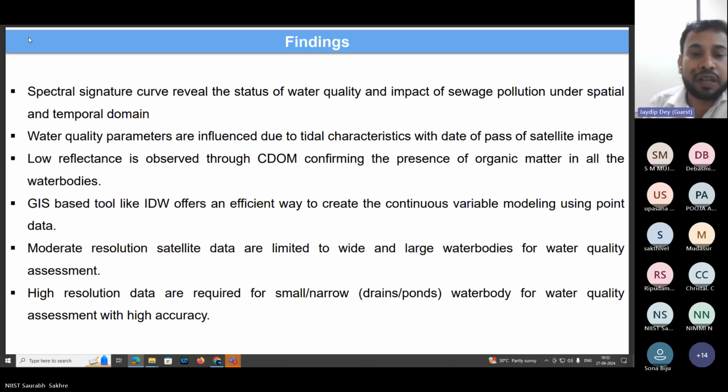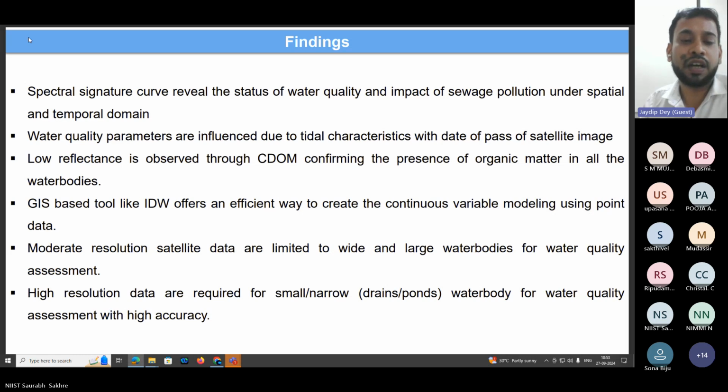Water quality parameters are influenced by tidal characteristics at the date of pass of the satellite images. Low reflectance is observed through CDOM, confirming the presence of organic matter. As I have told, organic matter holds this signature. It cannot allow backscattering of the incident energy.